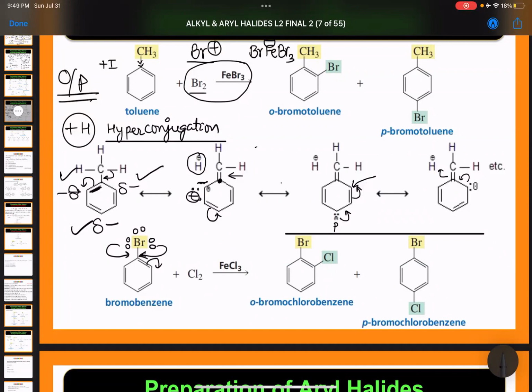The lone pair forms a double bond with benzene, and the double bond of the benzene will shift to the ortho position, right? In this one.